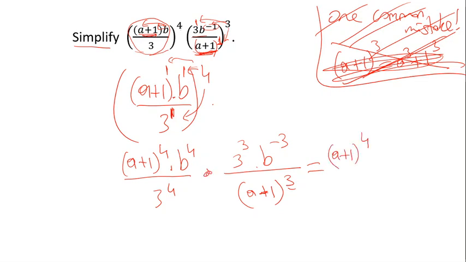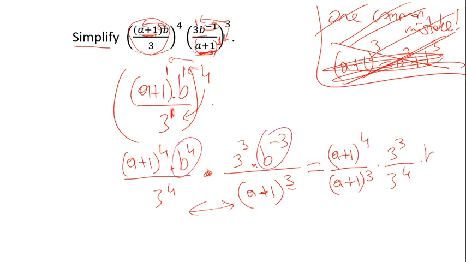Since it's all multiplication here, and these are the fractions, I can separate the variables. I can change their places, and here it will be 3 cubed over 3 to the 4th, and b to the 4th and b to the -3rd, so it will be b to the 4 plus -3. What is this equal to?